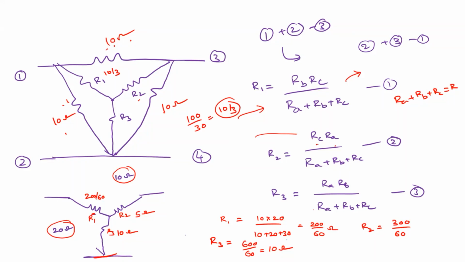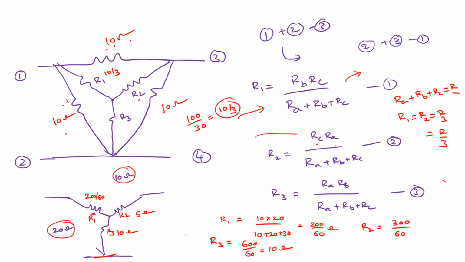What you understand? For example, in a delta connection, all the resistances are equal. In that case, the equivalent star resistance is divided by 3. For example, this is R value, so this R1 equals R by 3. Agree?